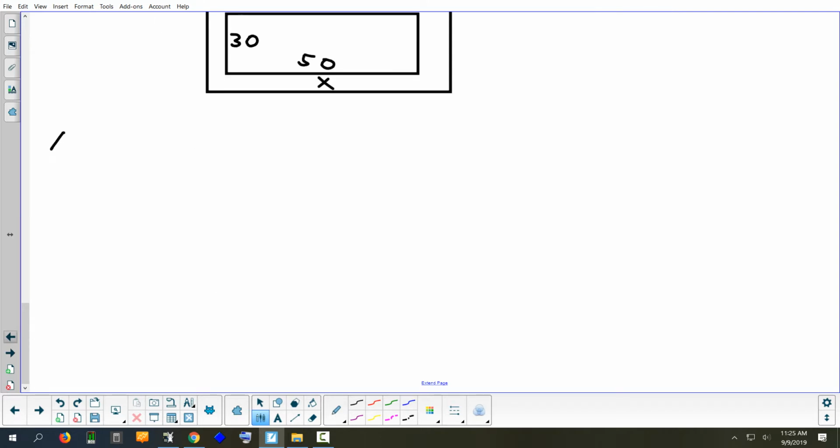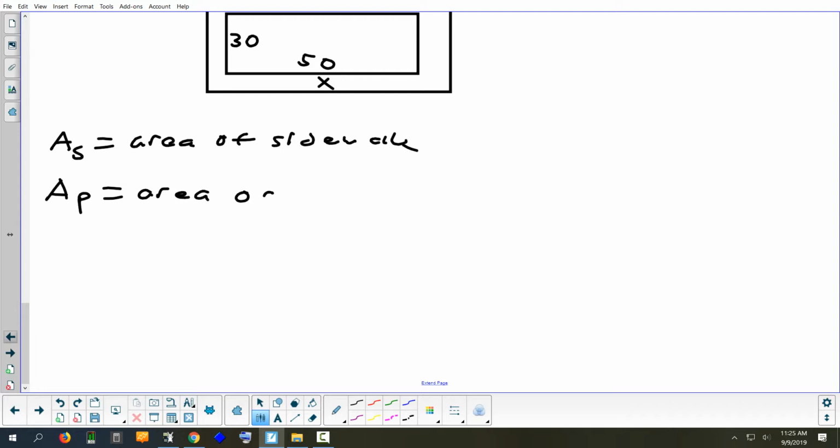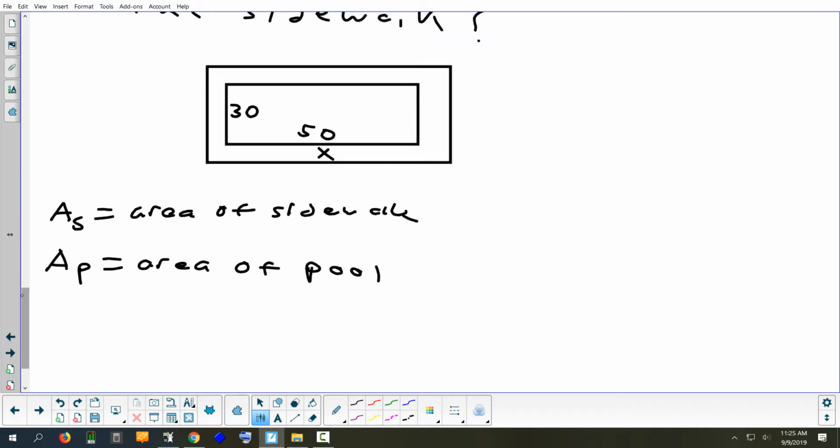So I'm going to call A sub S the area of the sidewalk. I'm going to call A sub P the area of the pool. And actually we might need one more, I'm not sure.